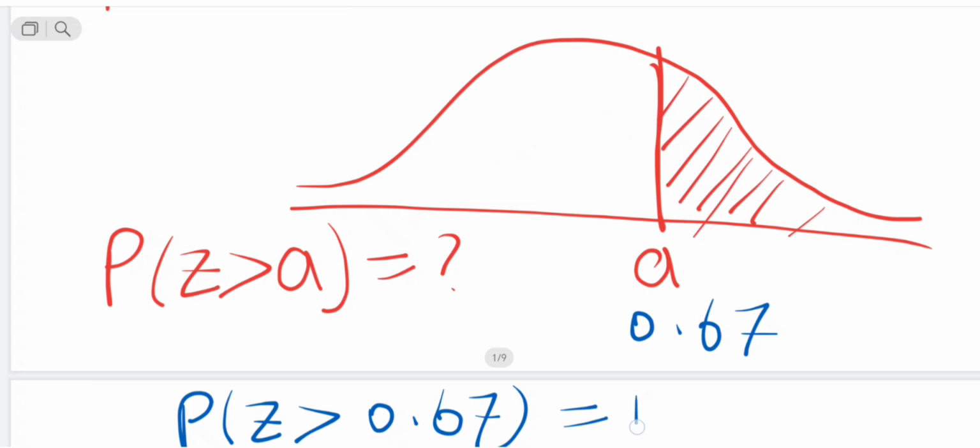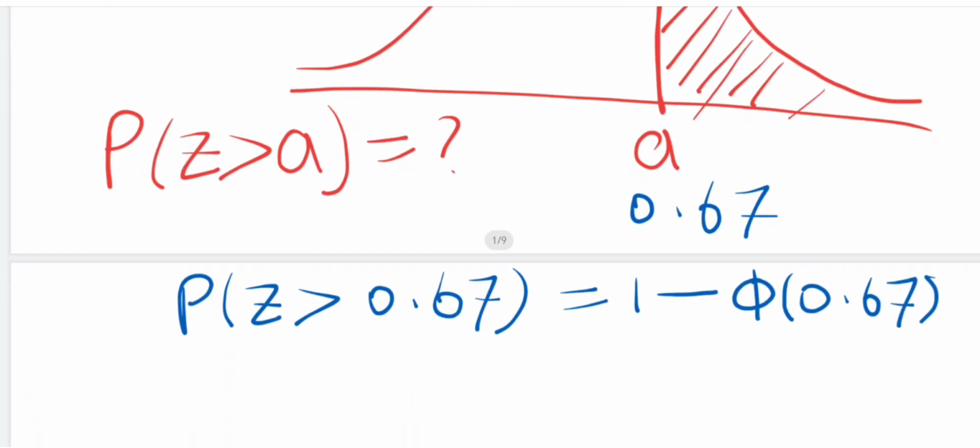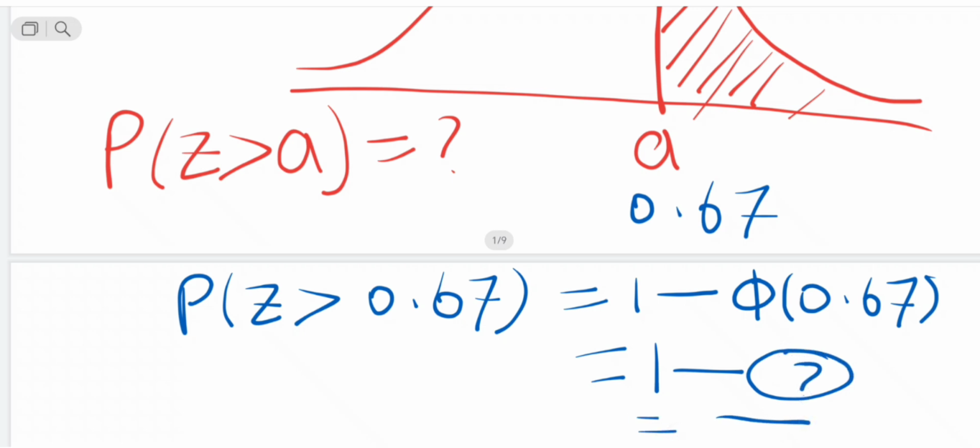We will subtract from 1: 1 minus the value of z, whatever you check in the table. You subtract it from 1, and that will be the final answer. I hope it is clear.